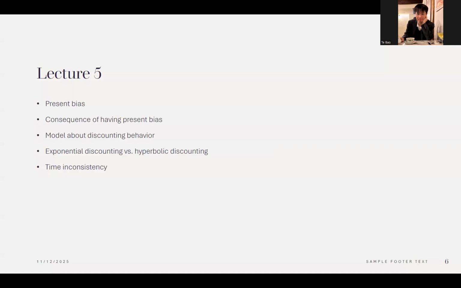Time inconsistency means that you tend to make the more impatient choice between A and B, so you choose A, but between C and D you choose D over C. Namely, in the future days, you choose the later option. We may also have some calculation questions related to this topic.